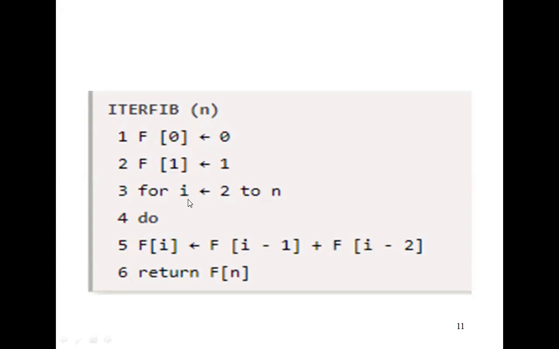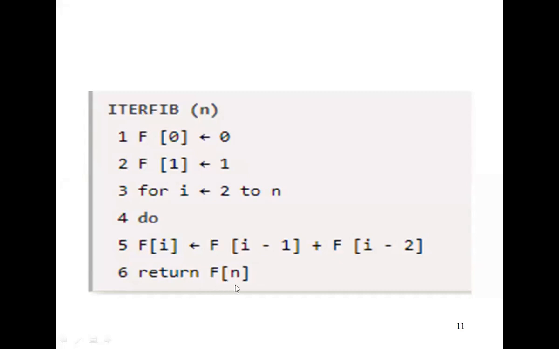So i is incremented, again 3 is considered, next 4, next 5, next 6, like that i will be incremented. And you are calculating the Fibonacci of 2, 3, 4 like this, by adding the previous two numbers, f of i minus 1 plus f of i minus 2.